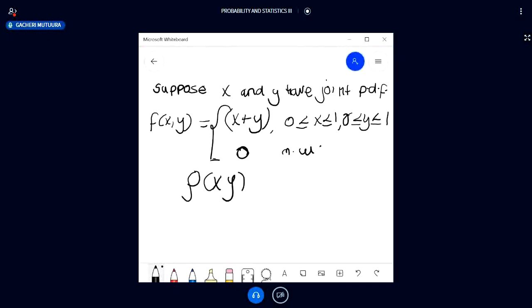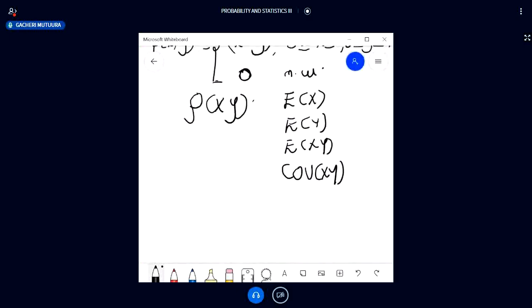When we're breaking down the question, you might get it in parts: what is the expected value of x, what is the expected value of y, the expected value of xy, the covariance of xy. In an exam scenario, you would expect it to be broken down in that format. This is just leading you to obtaining the correlation coefficient.